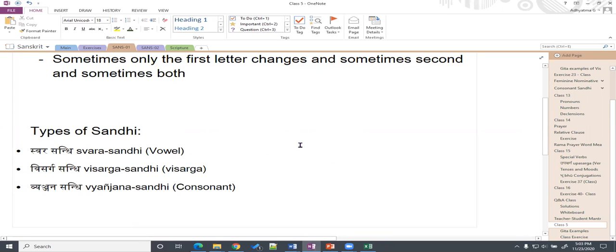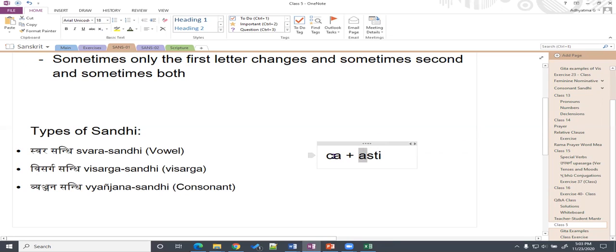So if I have an example here, for example, if I say cha plus asti, so akara here is the last letter of the first word, and this akara in asti is at the starting of the second word.